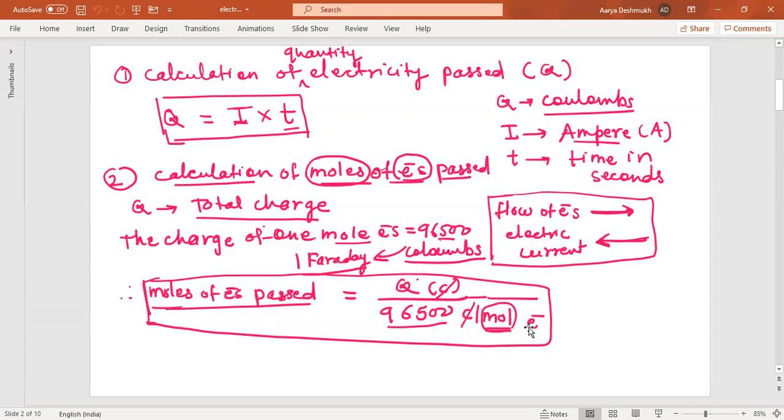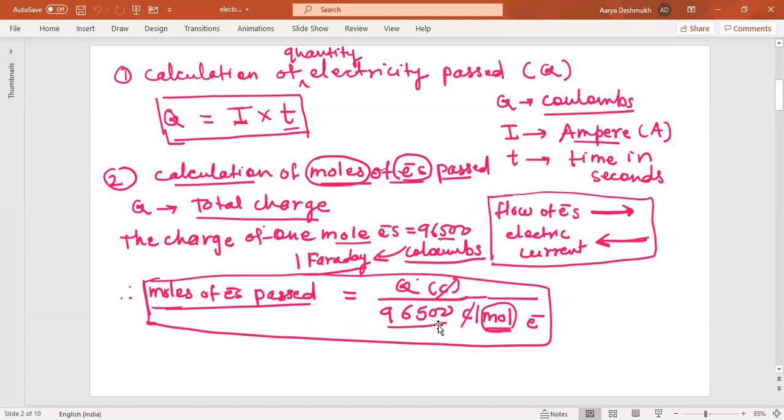If you divide, the coulomb gets cancelled out and you get the moles of electrons passed.